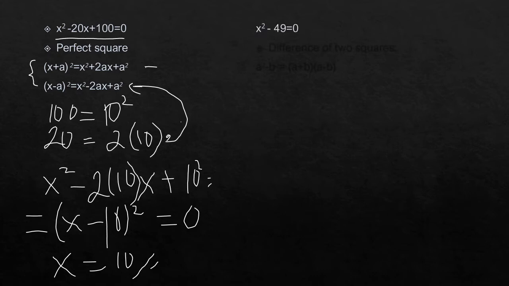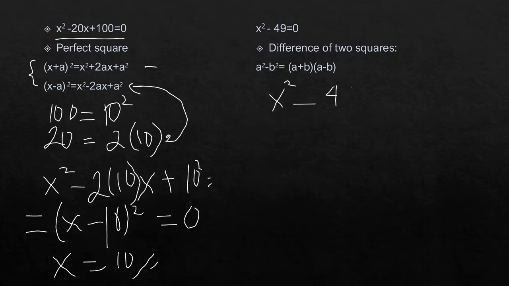The second special case is the difference of two squares. For example, we have the equation x squared minus 49 equals 0. Now, 49 is 7 squared. So we can also rewrite the equation as x squared minus 7 squared equals 0.